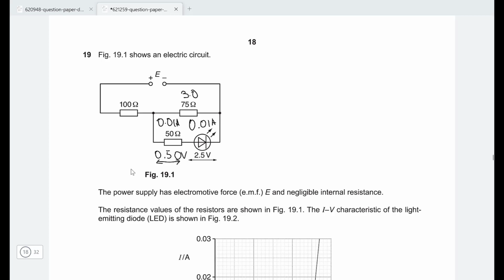Now, because the PDs must equal the EMFs, Kirchhoff's second law, within a closed loop, just within this loop over here. This means that across the 75 ohm resistor, we are going to have 3 volts. You can kind of think of it, if there's 3 volts across this branch, there have to be 3 volts across this branch as well.